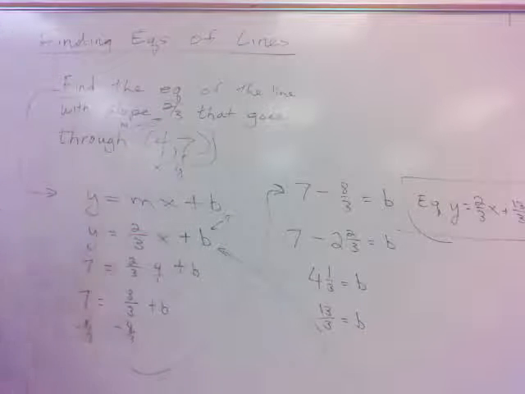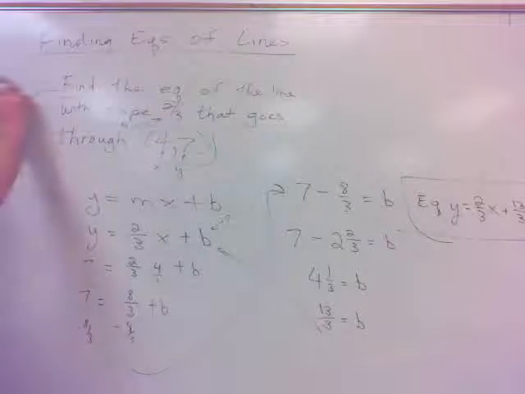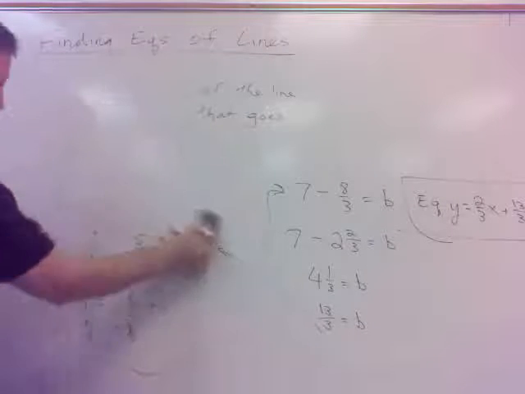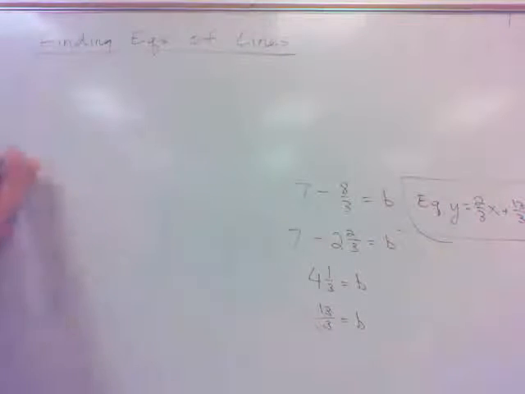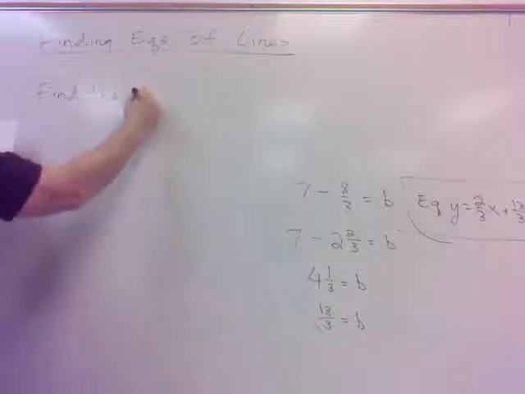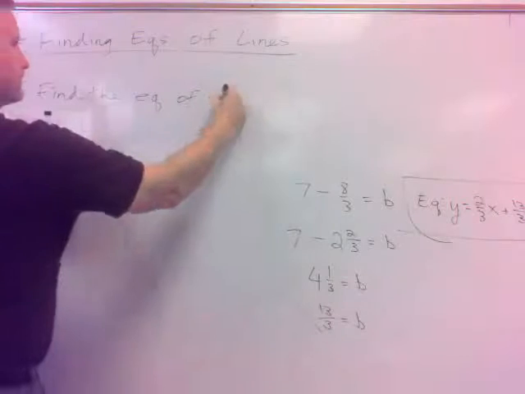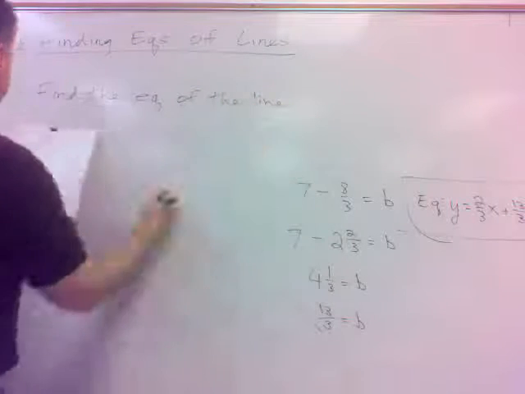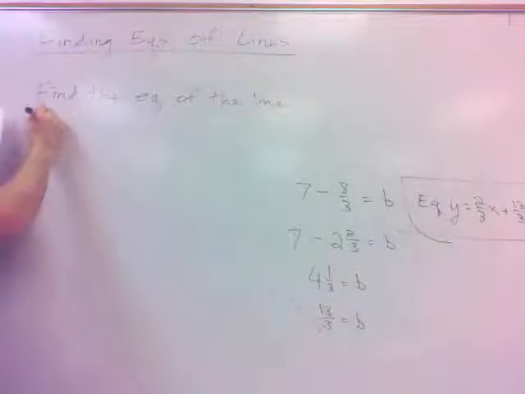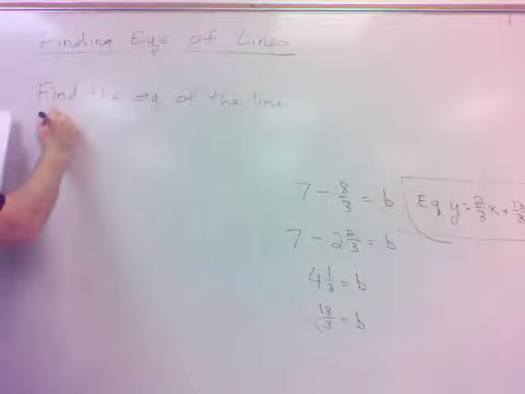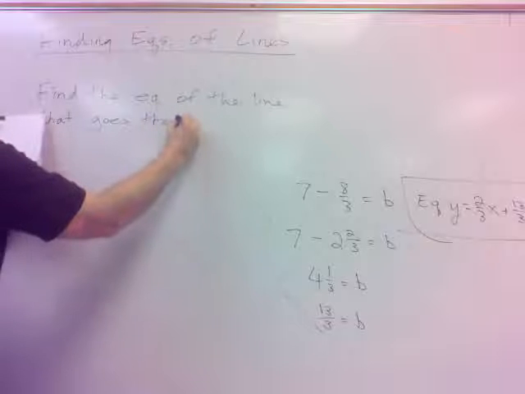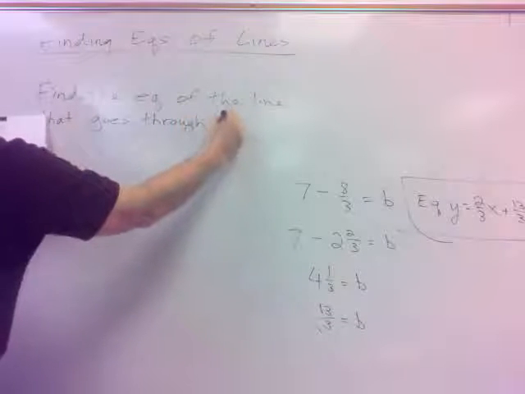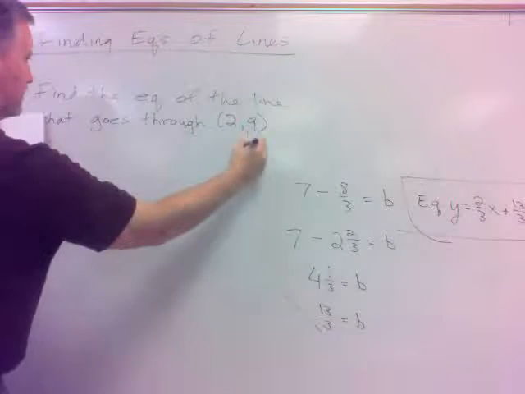All right, well, what if I had this? What if I had to find the equation of the line that goes through 2, 9 and 4, 3?